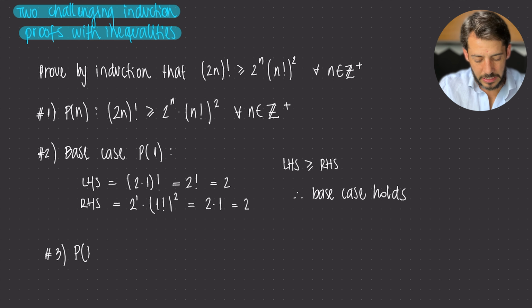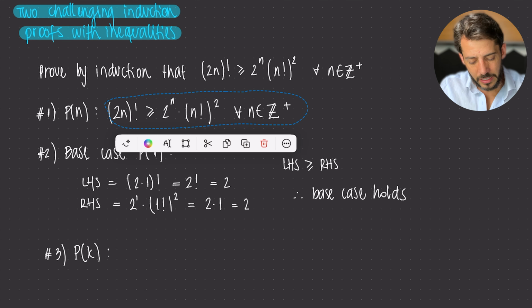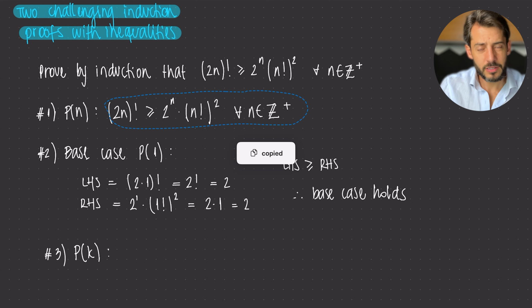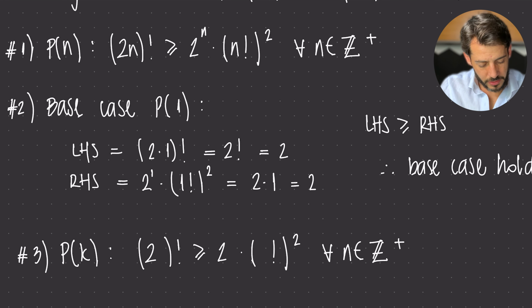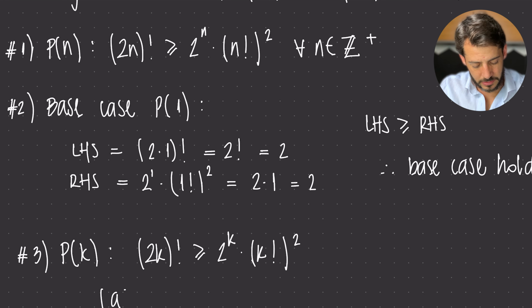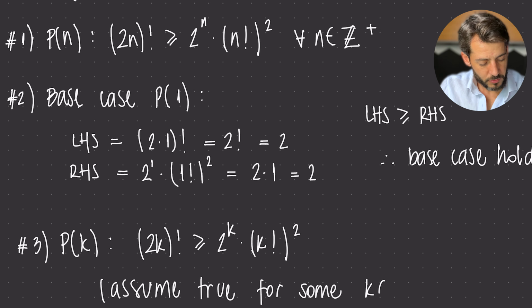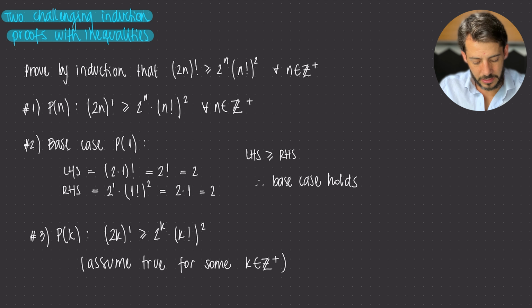Step number 3, the inductive hypothesis. We're pretty much copying P of n, but substituting every n that shows up for a k, and also inserting the following sentence: assume that this is true for some positive integer k. Now let's get to the inductive step, number 4, P of k plus 1, which is what we want to prove.